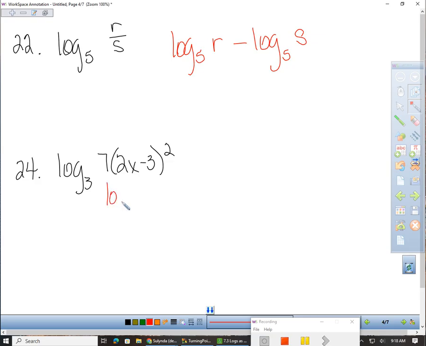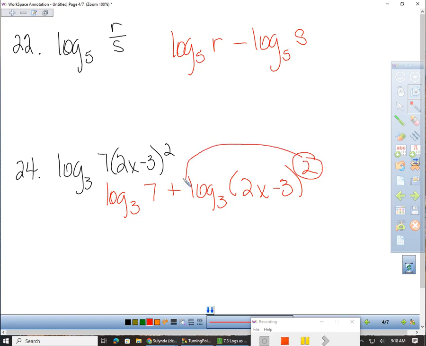So we start with log base 3 of 7 plus log base 3 of 2x minus 3 squared. Now the only thing left to do is to take this awesome exponent right here and put it out in front. So we get log base 3 of 7 plus 2 log base 3 of 2x minus 3.